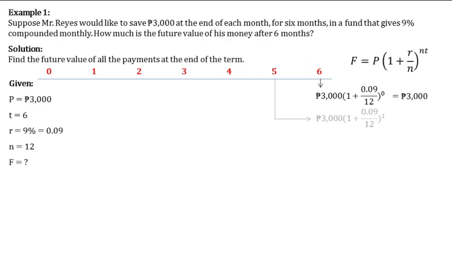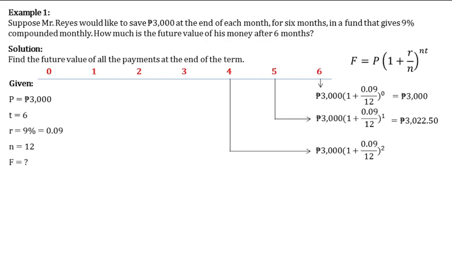Then, we'll find the value of money at the 5th month, which turns out to have an interest now. So 3,000 times 1 plus 0.09 over 12 raised to 1, it is equal to 3,022.50. Then for the 4th month, it is 3,000 times 1 plus 0.09 over 12 raised to 2, it is equal to 3,045.169.